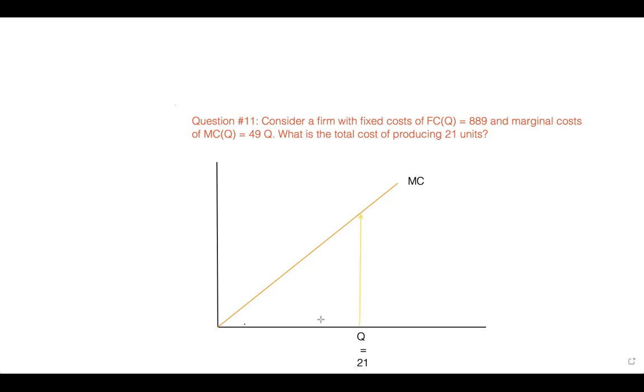Now you see that once I know how many units I'm producing, I have a specific point on the marginal cost curve. If you really understand what marginal cost is telling you, then this should be pretty intuitive, because marginal cost is telling you the cost of each and every individual unit.